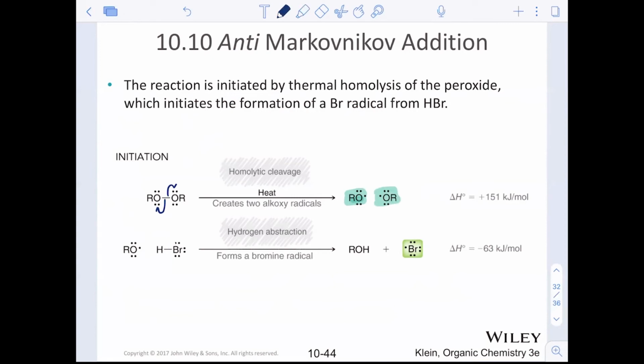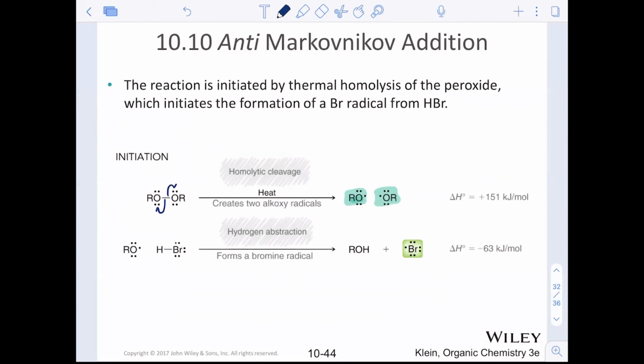Notice that the second step doesn't look like an actual initiation. The reason why the hydrogen abstraction is encompassed here in the initiation is because we're waiting for the bromine radical, the radical production that will actually continue on with the organic molecule. So we're still doing a little bit of prep work here in this second step.